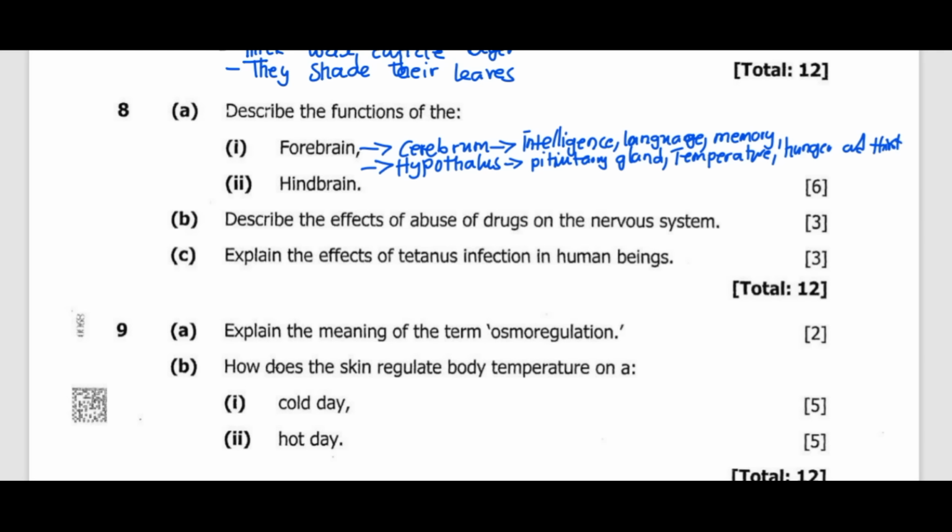Then for hindbrain, we are looking at the first one, cerebellum. And we know that cerebellum is responsible for learned activities and also activities that require balancing. Activities like the first one, we have dancing. Then we have playing musical instruments.